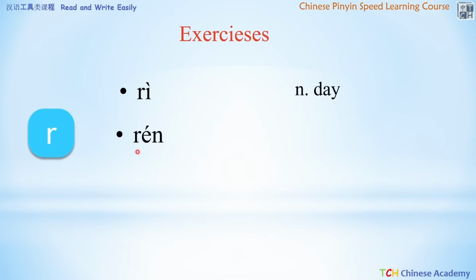And this one, r and en, second tone going up. 人 means person or people. And this one, re, its final is letter e, fourth tone going down. 热 means hot.